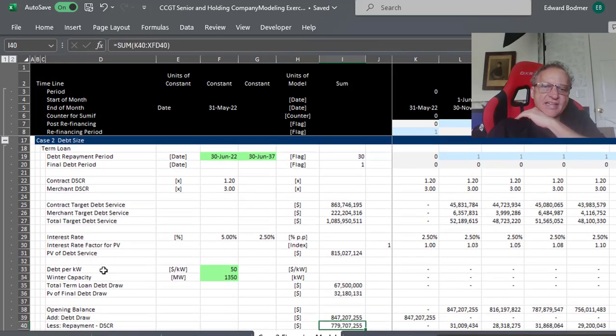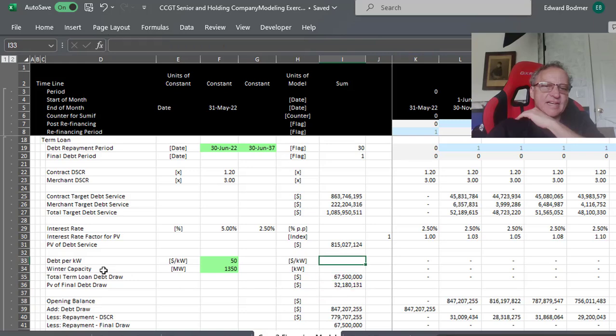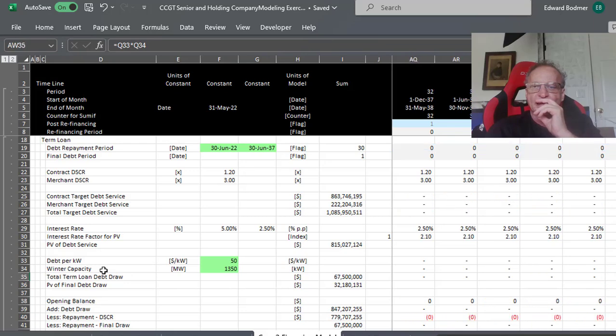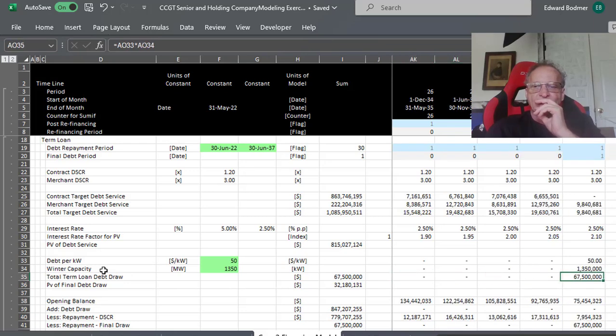But then they also said we have some debt service from the residual at the tenor, and you can just multiply the debt to capital by the amount of kilowatts, or in this case megawatts, and then you can plop that amount right over here, and go down here and compute.